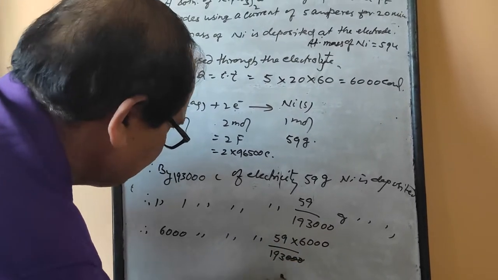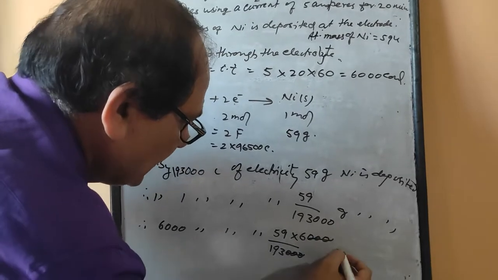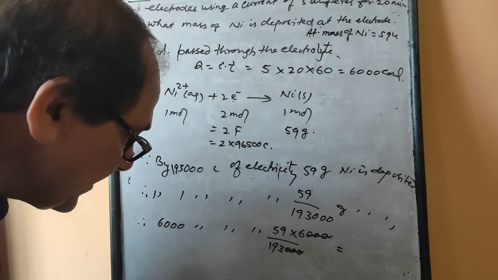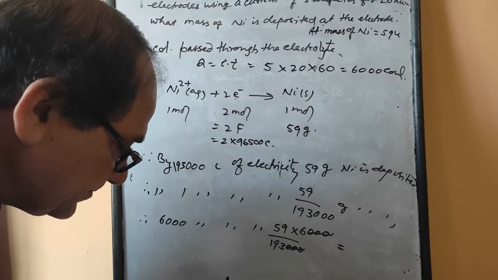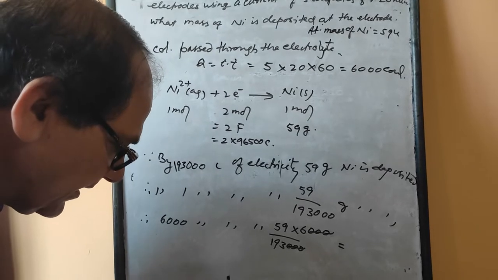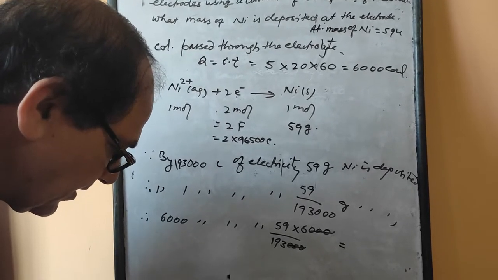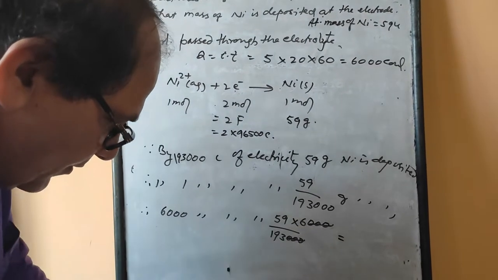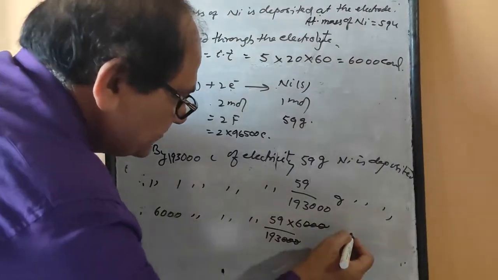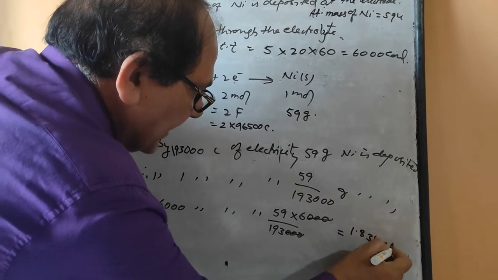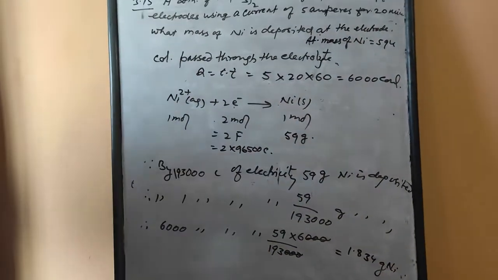Can cut this. Now this value will be, just for saving time I am using this, 59 into 6 divided by 193, which is 1.834 gram Ni. The answer will be like this.